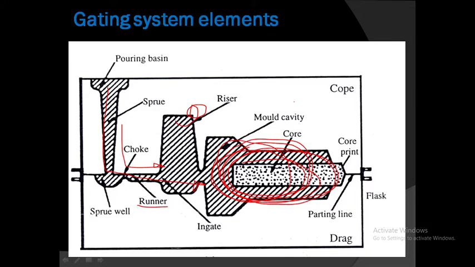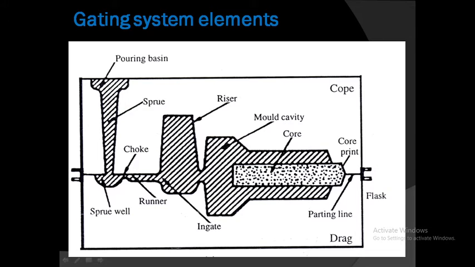Now here we'll see what is the function of an ideal gating system. So let us see the functions of an ideal gating system. The first function of an ideal gating system is that it should introduce the molten metal with least turbulence.